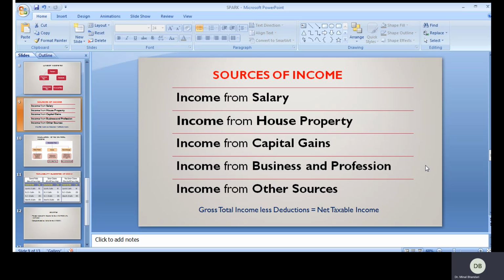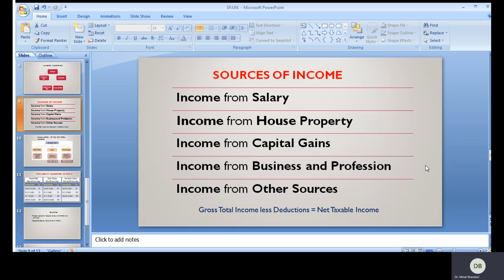If they are eligible for deduction, then this gross total income is reduced by different kinds of deductions according to the Income Tax Act, and after deduction we get the net taxable income. That means the income on which the person or assessee needs to pay tax.